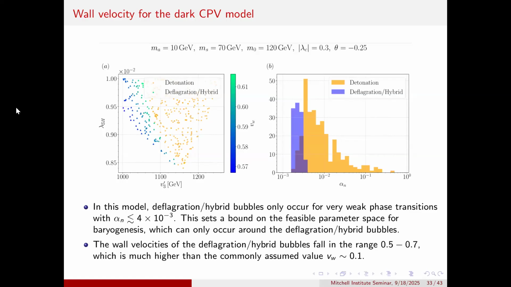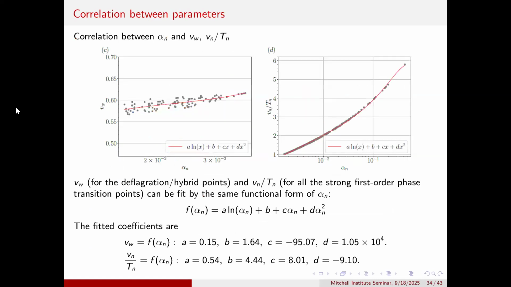But unfortunately, this is not the case for our model, and very likely for most electroweak baryogenesis models using a singlet extension. So this has to be taken into account if you're calculating baryon number generation from electroweak baryogenesis. We also studied the correlations between the parameters alpha n and VW, and also vn over Tn, which is important for baryogenesis.